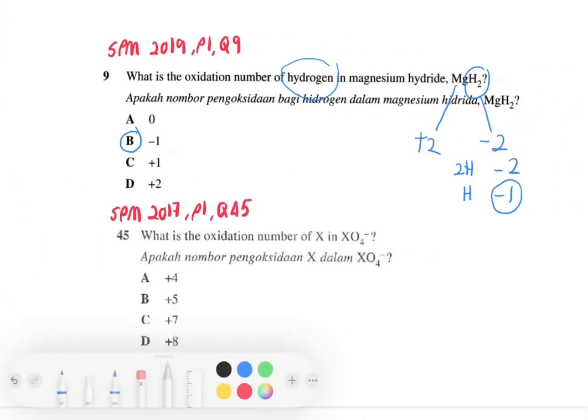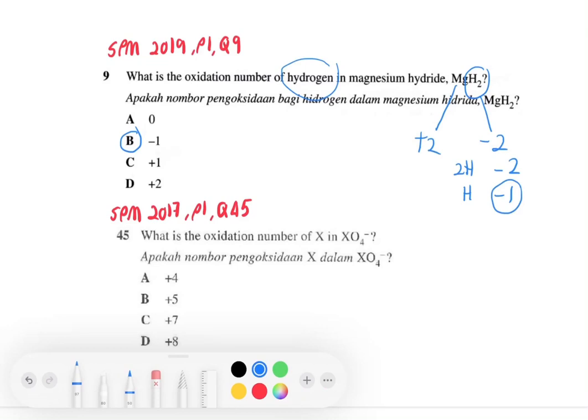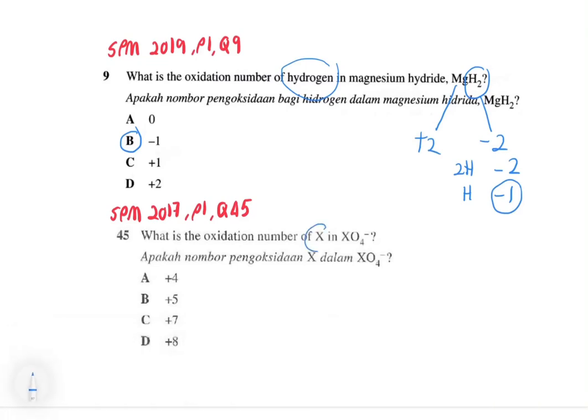Okay, moving on to our second example. What is the oxidation number of X in XO4 with 2- charge? Okay, the first rule that we will apply is that the sum of the oxidation numbers is equal to the charge of the ion.